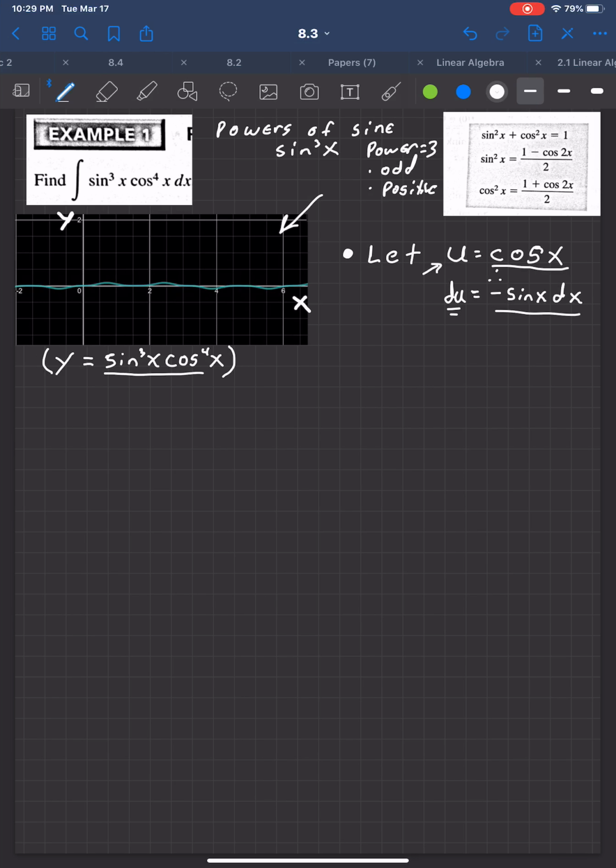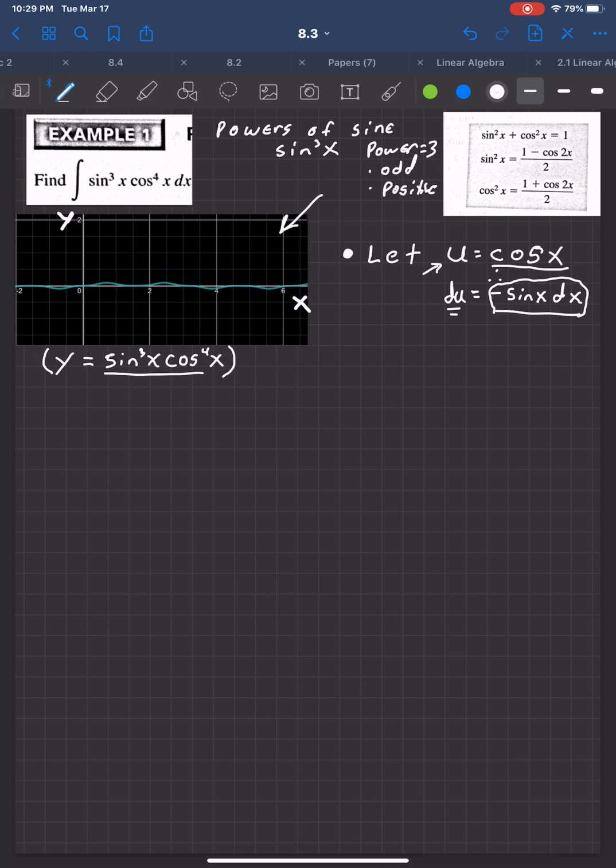That means I have to save a factor. Let's think of this as a puzzle, and I need to save a piece of my puzzle for later, because in order to convert to du, I'm going to have a sine of x dx lying around. The negative doesn't really matter, but the sine of x dx is what matters.